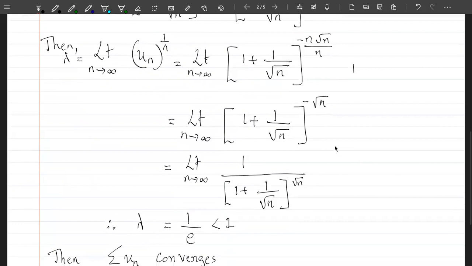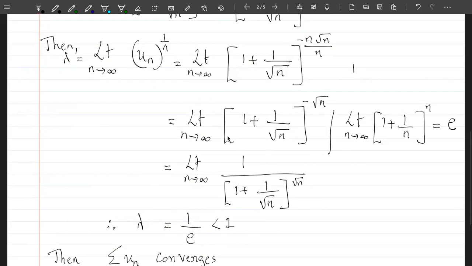Now we know the value of this standard limit, limit n tending to infinity 1 plus 1 by n power n. This limit takes a value e. Now here instead of n, what you have is root n, and you have the same term over here. So this limit also will take the value e.